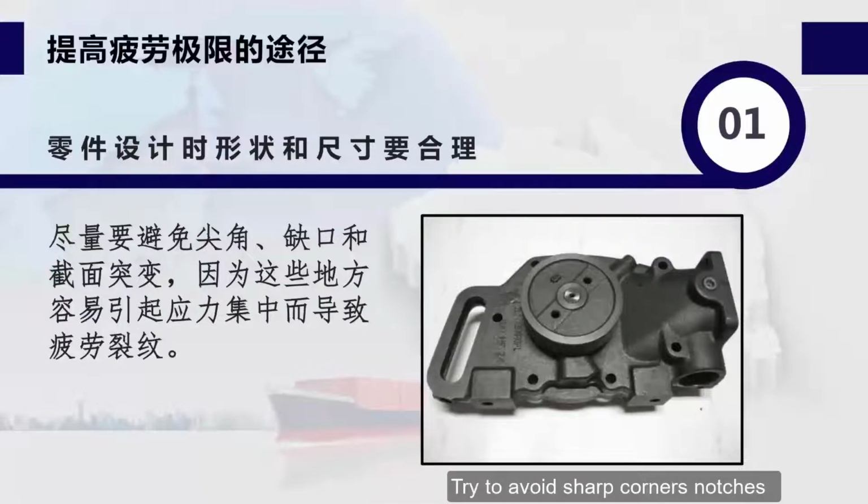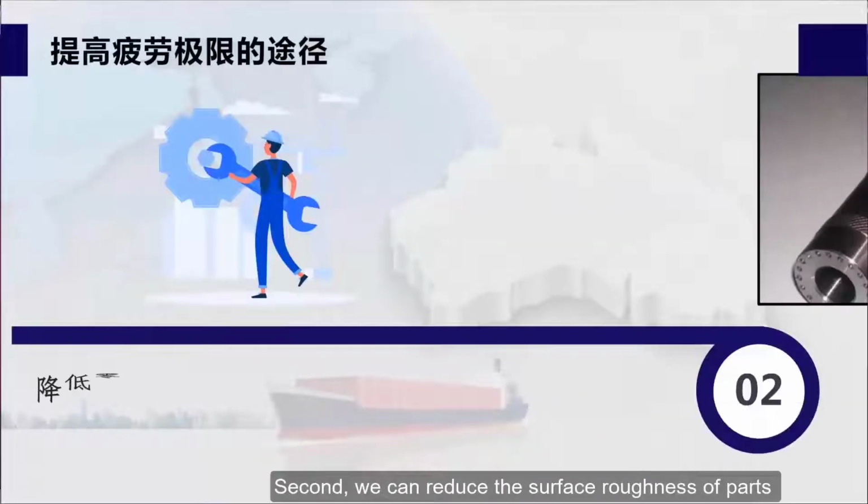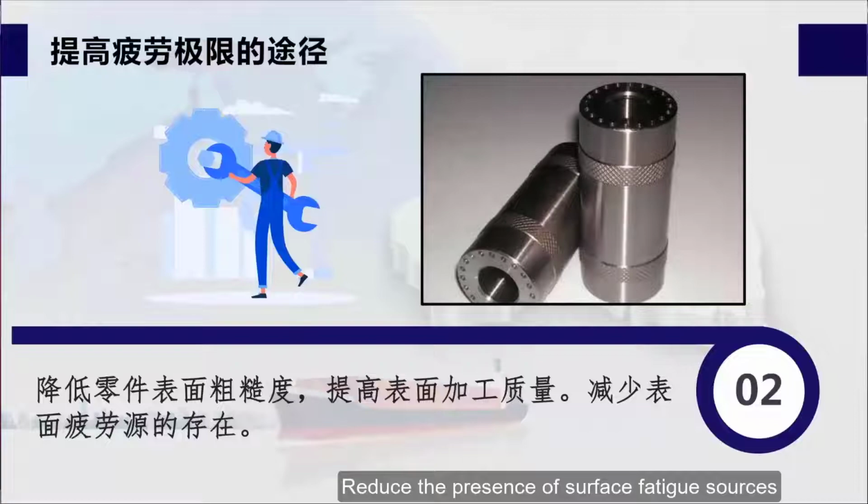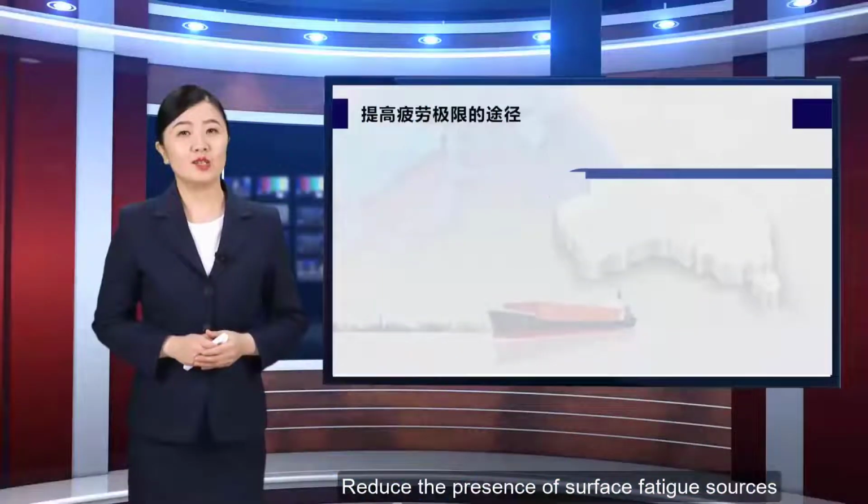Try to avoid sharp corners, notches and abrupt changes in section, because these places easily cause stress concentration and fatigue cracks. Second, we can reduce the surface roughness of parts and improve the surface processing quality. Reduce the presence of surface fatigue sources.